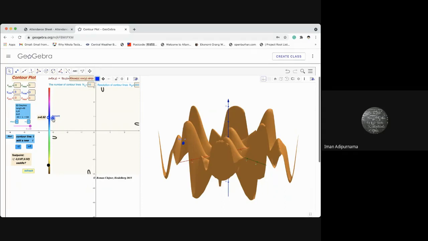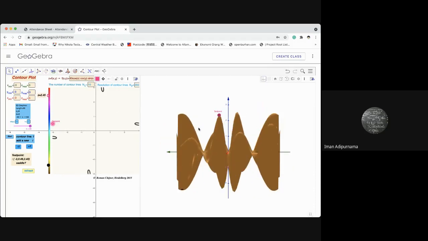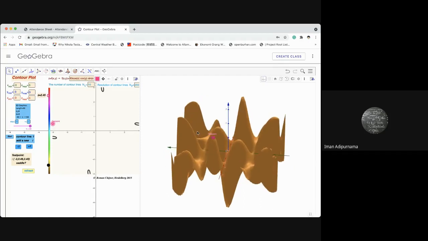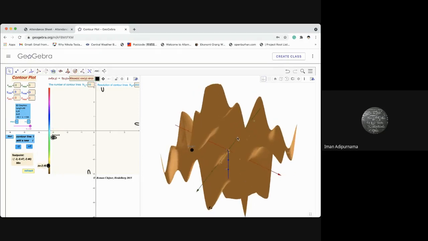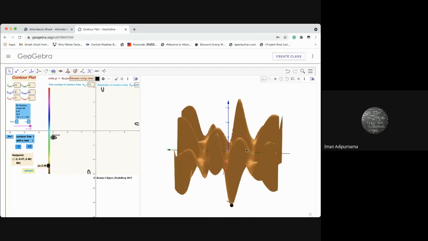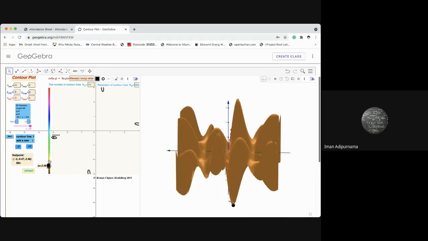If we take it to the highest contour, it will be in pink color, right? If you take it down, maybe through here, it will be darker. So it's a kind of easy way to see how we check the test point.